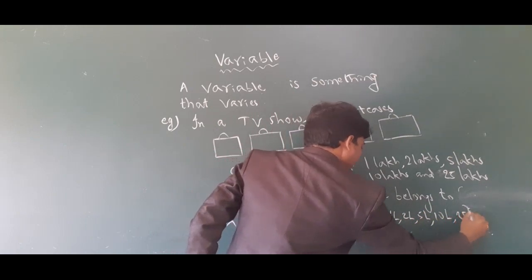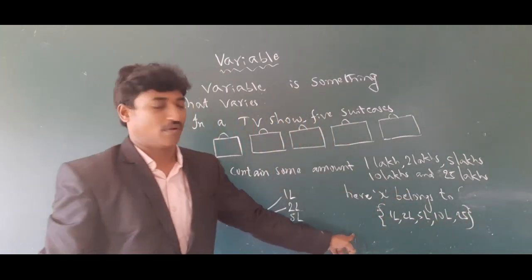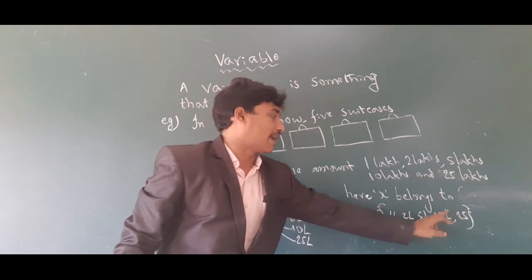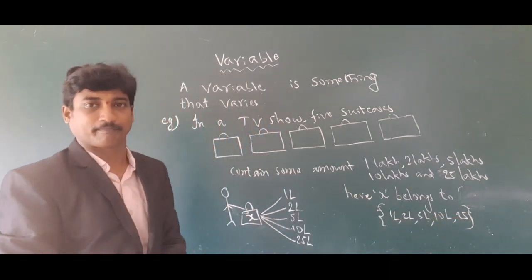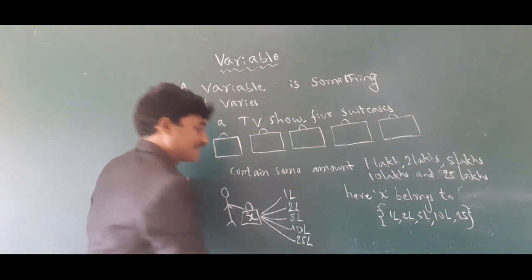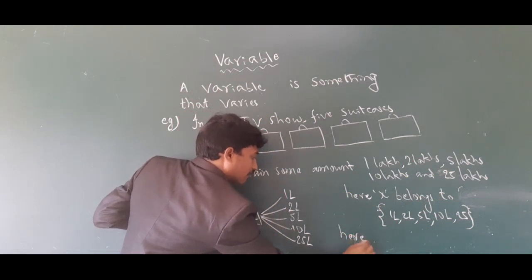We say x belongs to the set of 1 lakh, 2 lakh, 5 lakh, 10 lakh, 25 lakhs. So here x is called a variable.